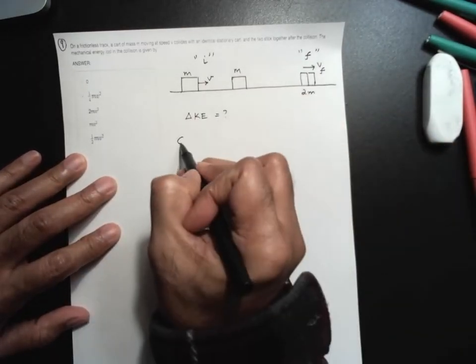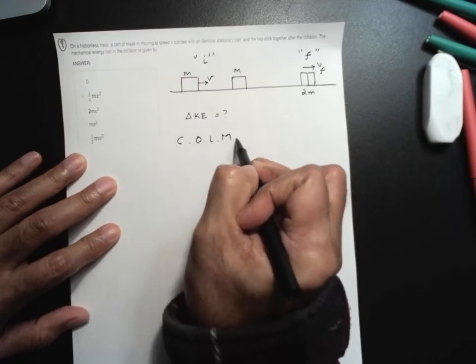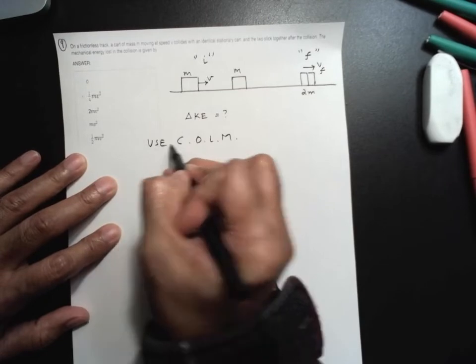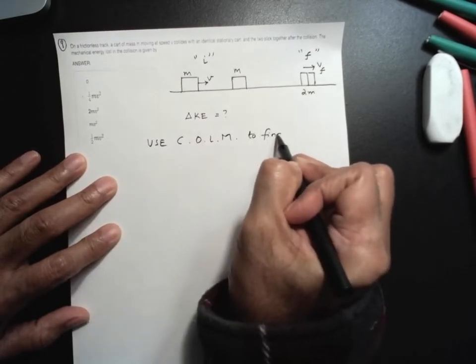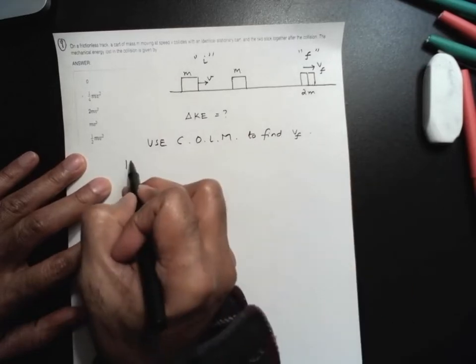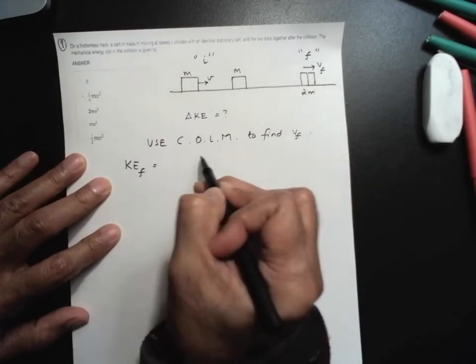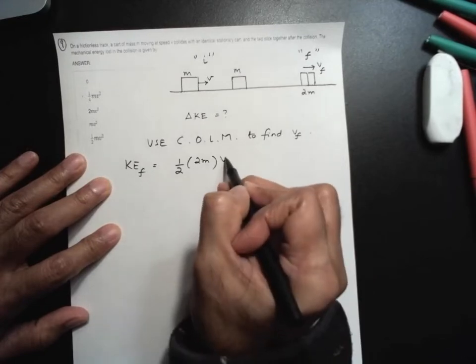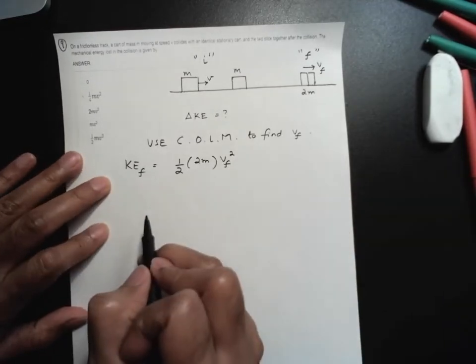So we'll use conservation of linear momentum to find v final. Once you have v final, then the KE final is, of course, 1/2 times the mass, which is 2m, v final squared, right?